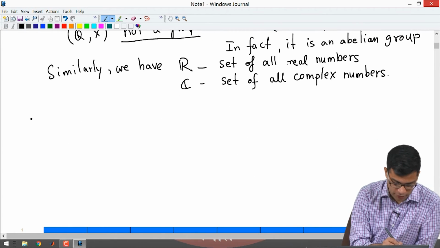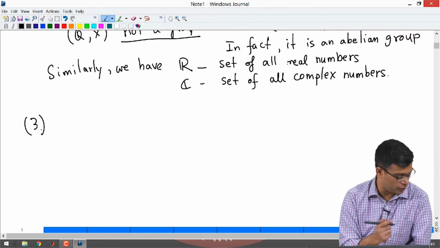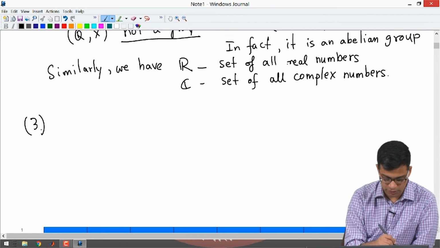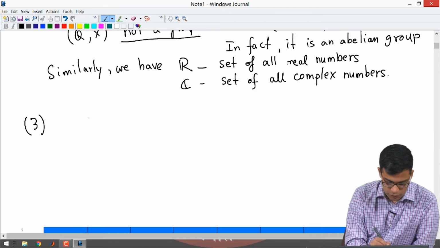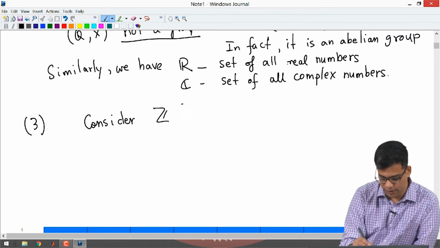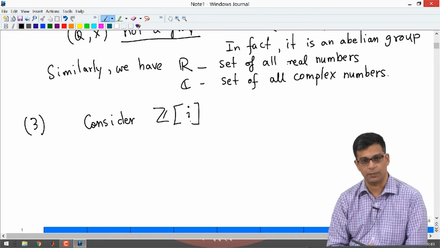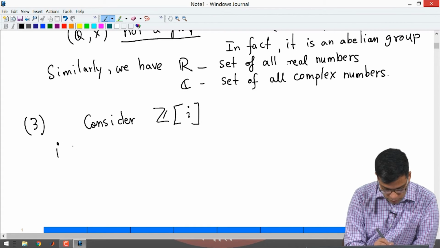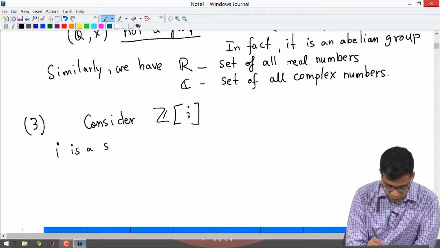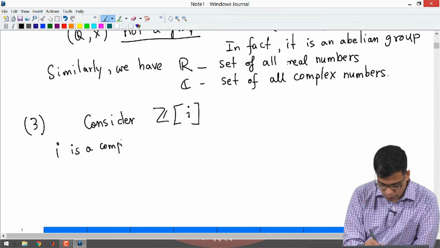Okay. So, now I will just do one more example, not so obvious, but we want to discuss this in more detail later on. So, let us look at Z[i], where i is a complex square root of minus 1.